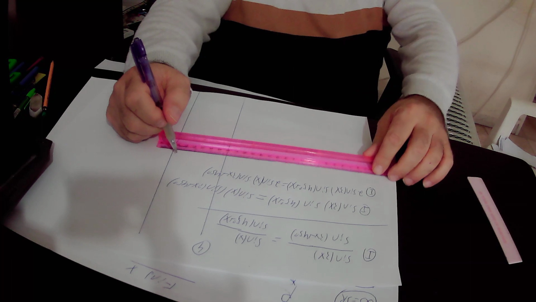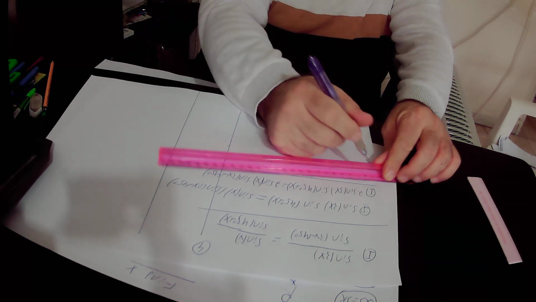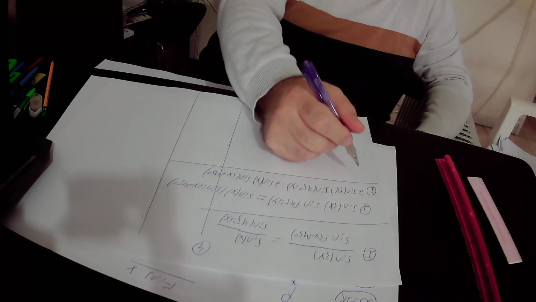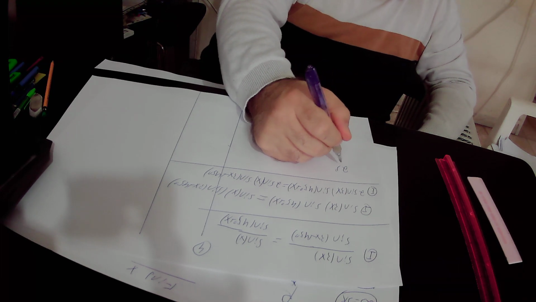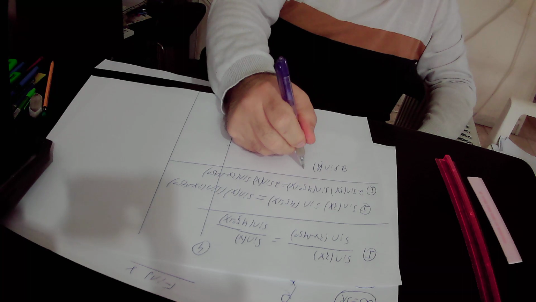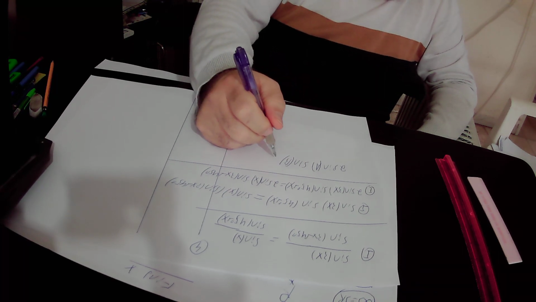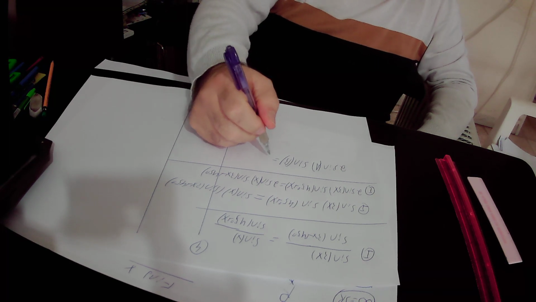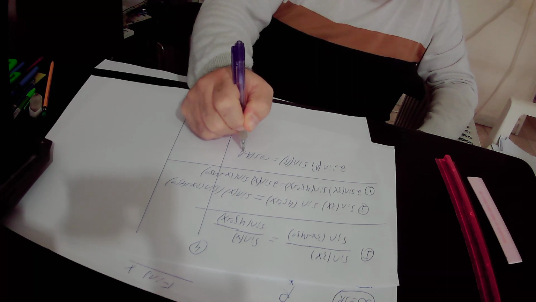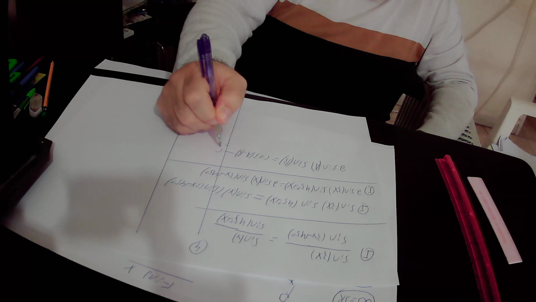So here we will use the trigonometric identity that states that 2 sine A sine B equals cosine (A minus B) minus cosine (A plus B).